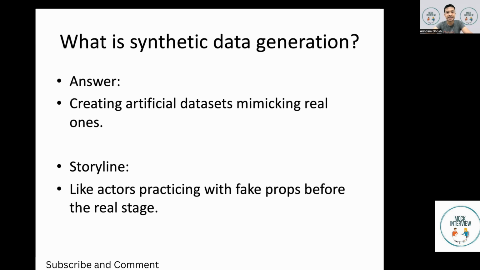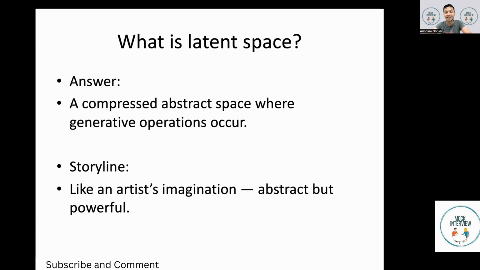Next question. What is synthetic data generation? Answer: creating artificial datasets mimicking real ones. Storyline: like actors practicing with fake props before the real stage. Next question. What is latent space? Answer: a compressed abstract space where generative operations occur.